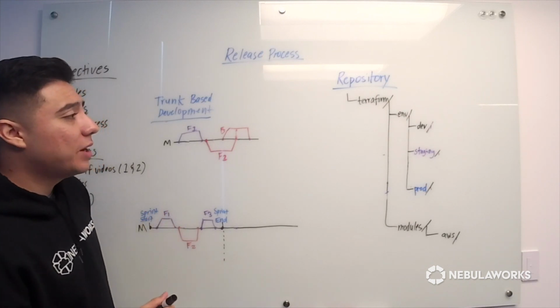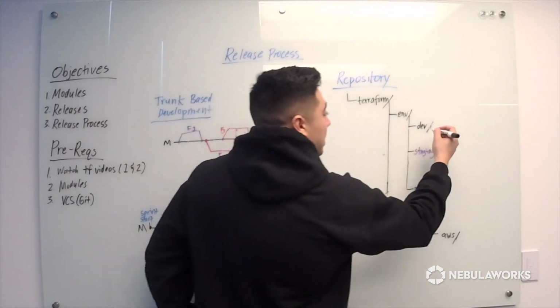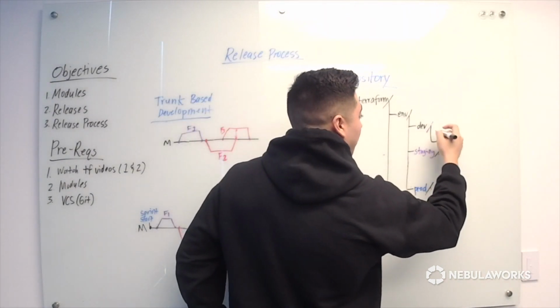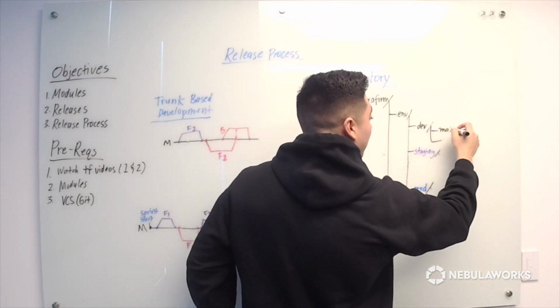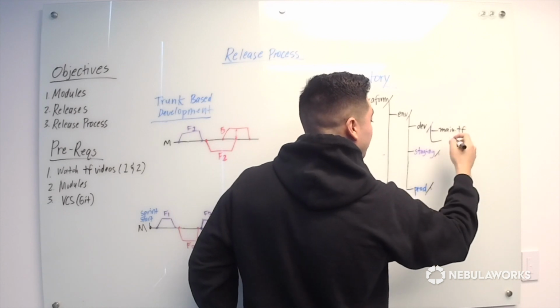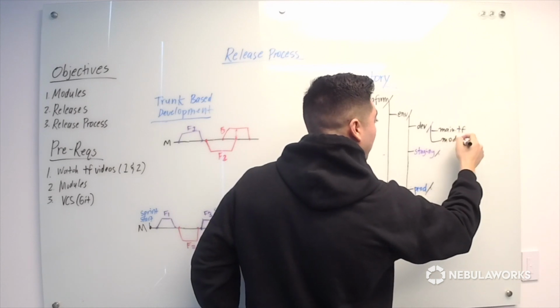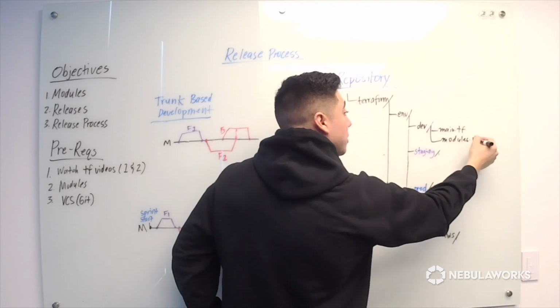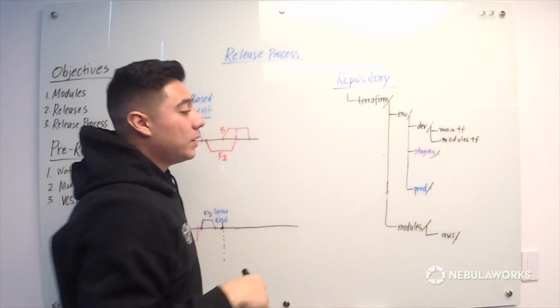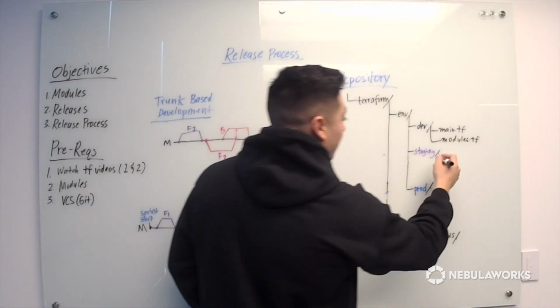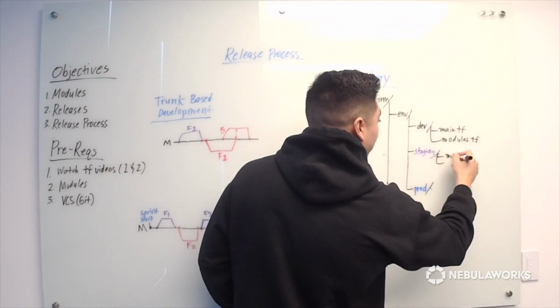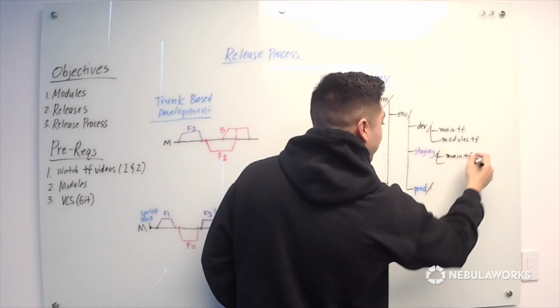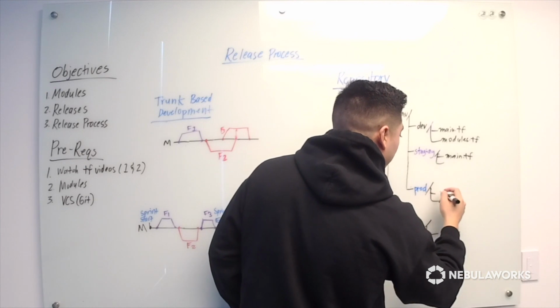And let's say this feature branch is basically the creation of a main.tf file and a modules.tf file in our dev repository, as well as a main.tf file for my staging and production environments.